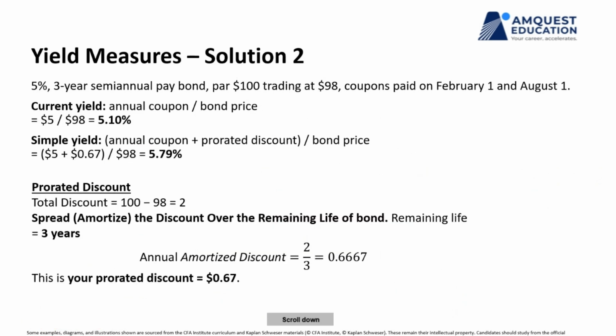Perfect. 5.1% and 5.79%, $2 discount amortized over 3 years. So annual discount is 0.66 or 0.67. Let's put it this way. All good?